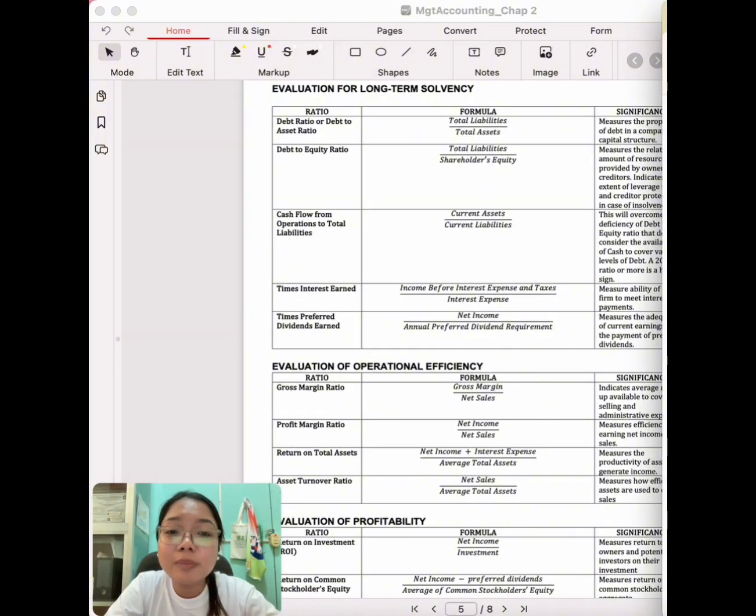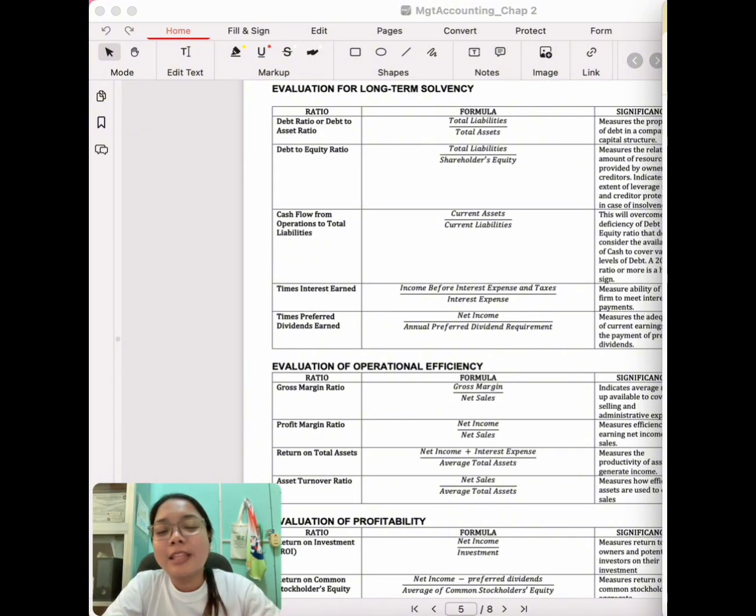So, in simple terms, yung debt ratio na to, sinasagot niya yung tanong na how much of the company's assets are financed by creditors. Nakuha nyo? Gaano kalaki yung asset ng company na yun na yung nag-finance is yung mga creditors o yung mga pinangungutangan, yung mga creditor ng company na yun.